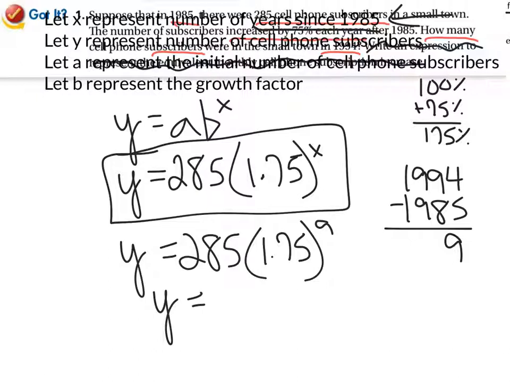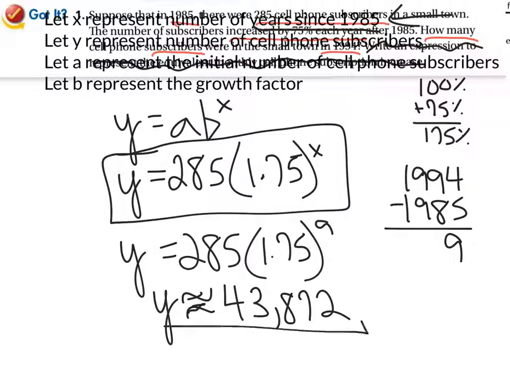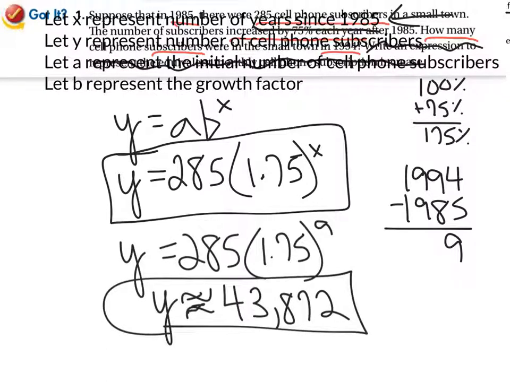Understand on these, they may not always come out exactly evenly. Obviously, it doesn't make sense to have like 3/4 of a person subscribing, so we'll probably just round that to the nearest whole person. So if we work that out, rounding to the nearest whole number, it's about 43,872 subscribers. So quite a bit of change, and that's usually how technology is.